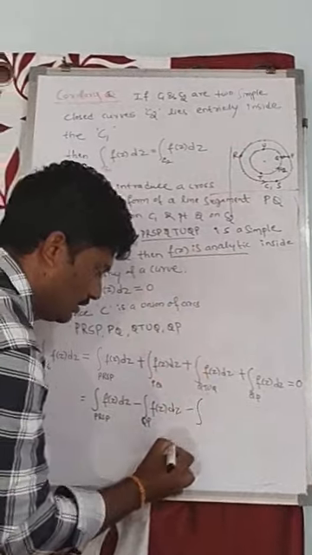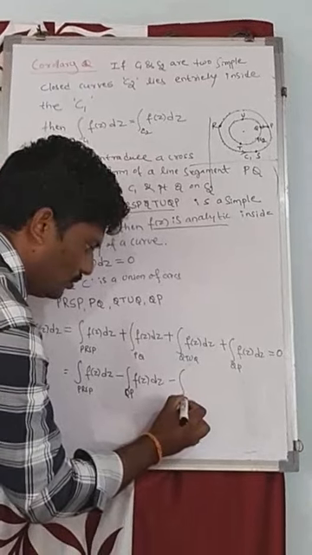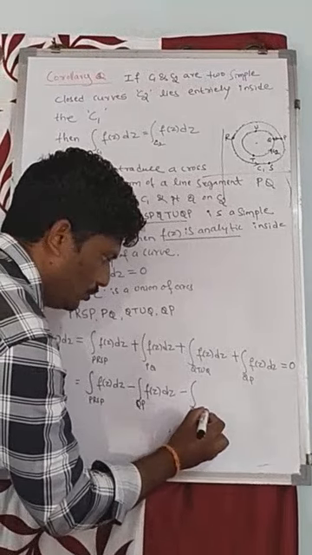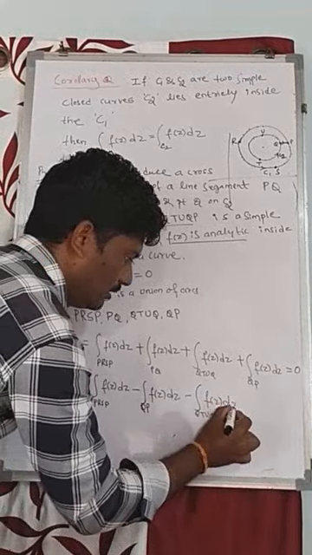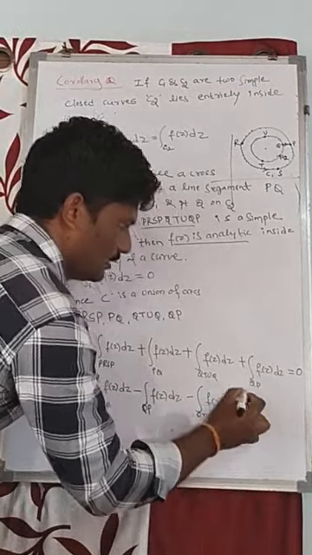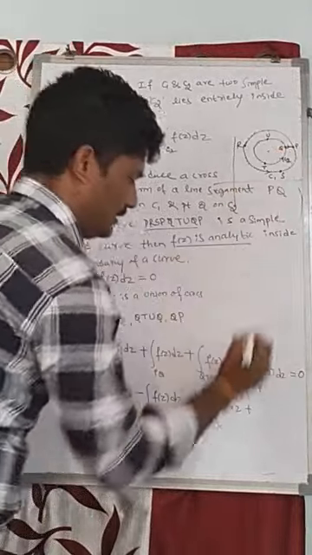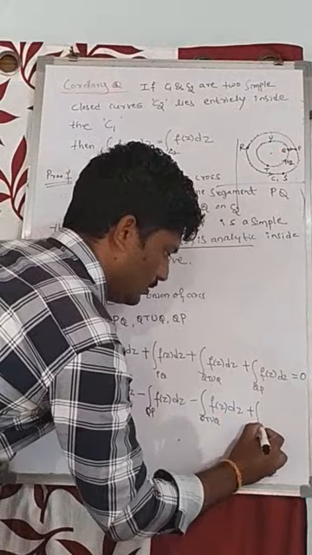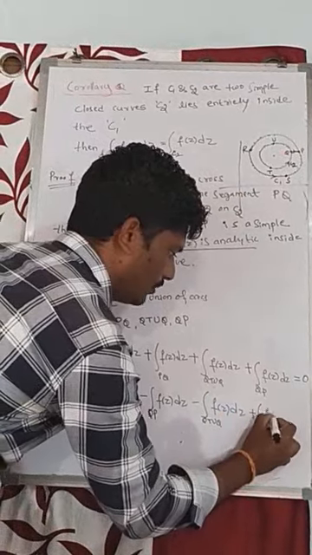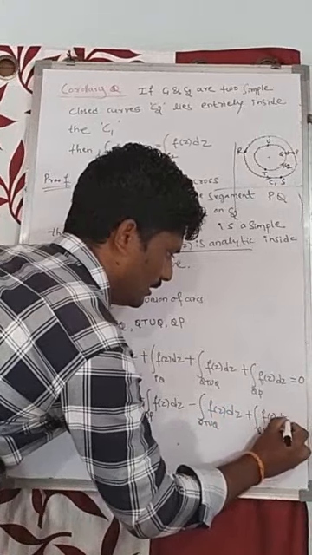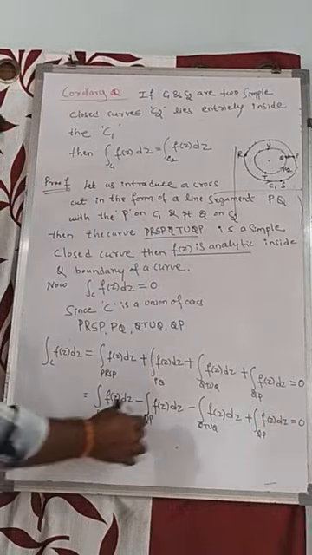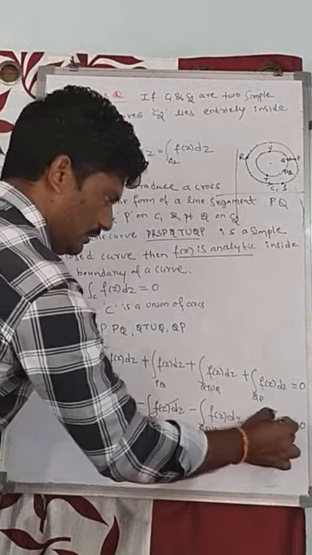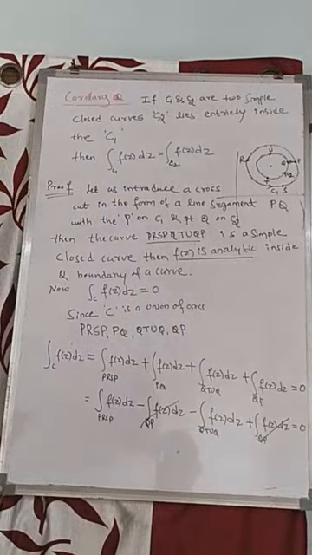Minus of integration QTUQ of f of z dz plus this is the QP direction, integration QP of f of z dz equal to 0. These are opposite directions, cancelling these two.